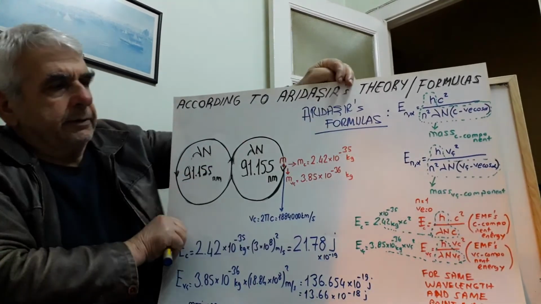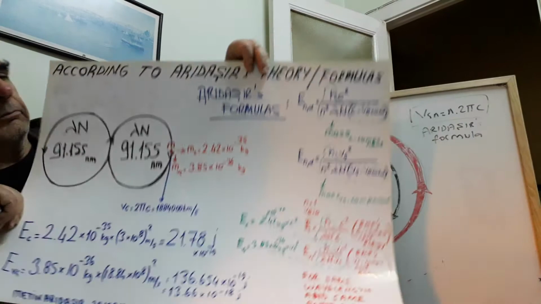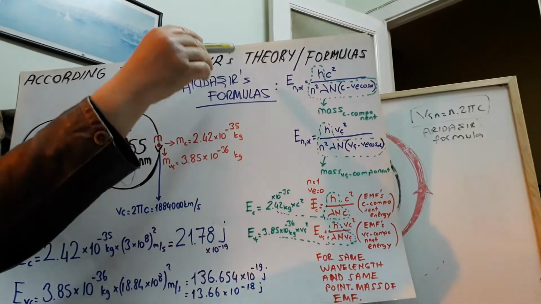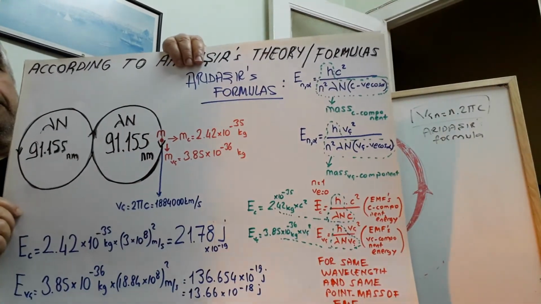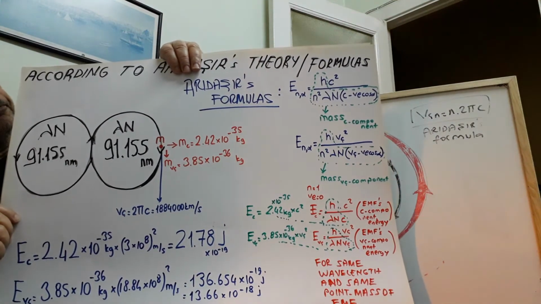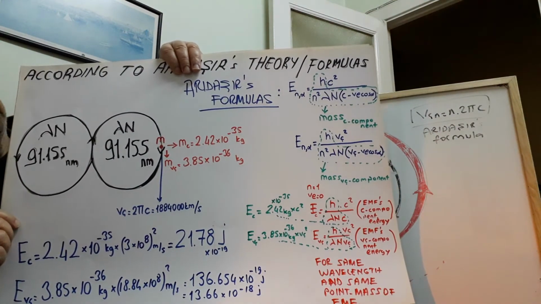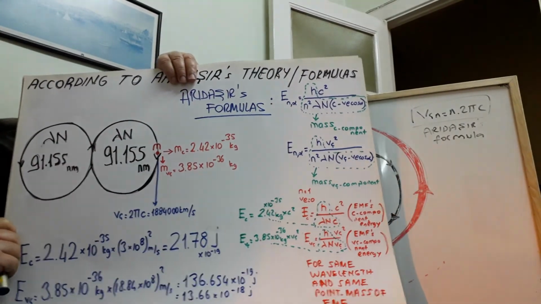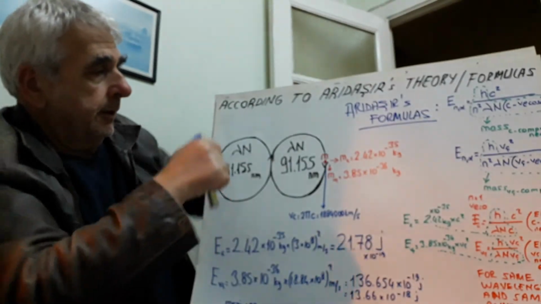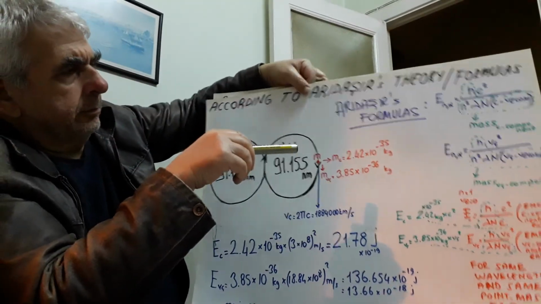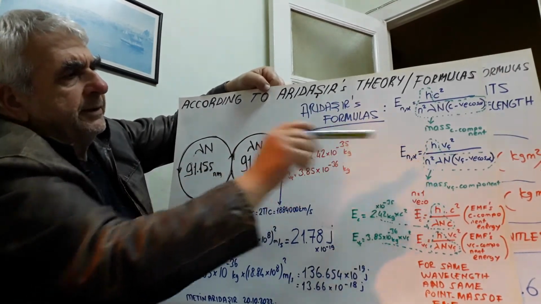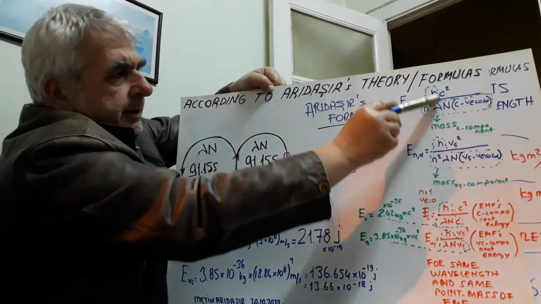Okay, and these are my formulas here. Snapshot. Look at that. How I deduced. How did I deduce these figures? This is my formula for the C component mass. Okay, here.